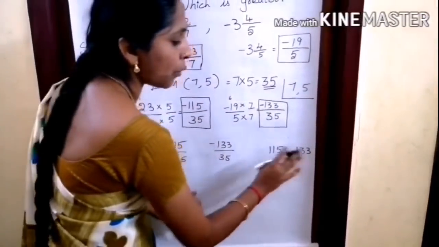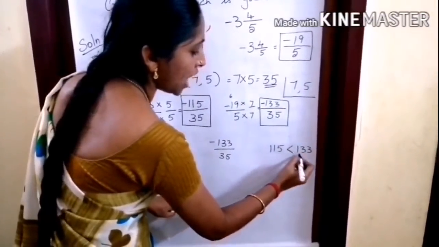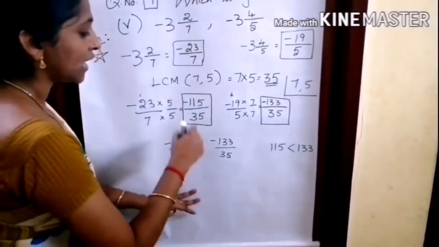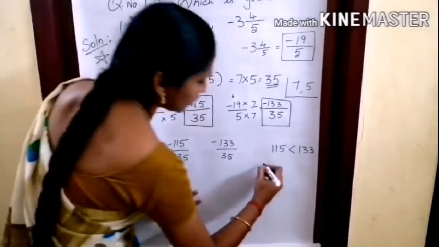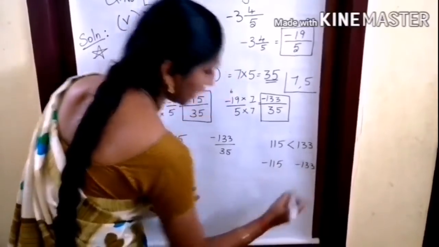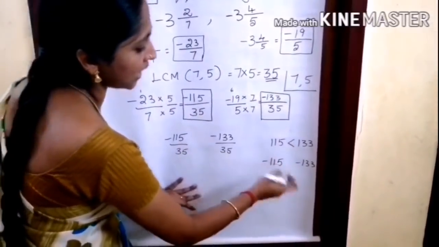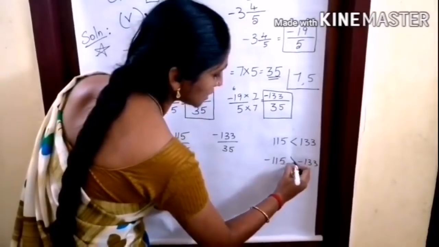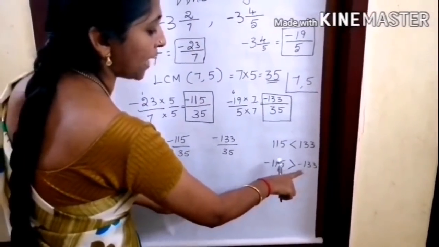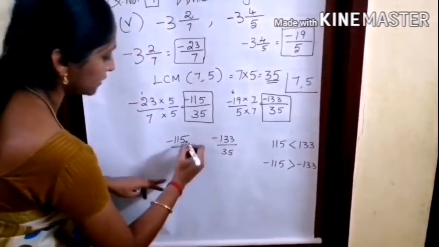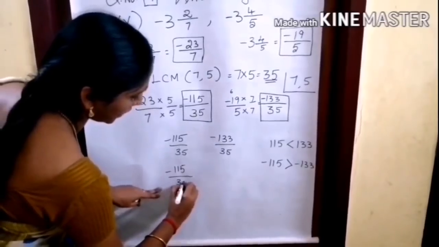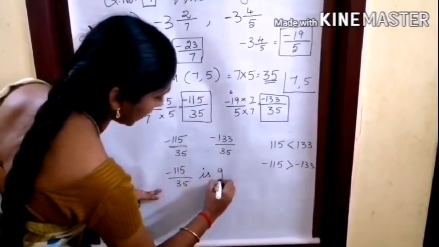Usually, if it is a positive number, we know that 133 is greater than 115. But here, it is a negative number. So minus 115 and minus 133: it is reversed in the negative. So minus 115 is greater than minus 133.